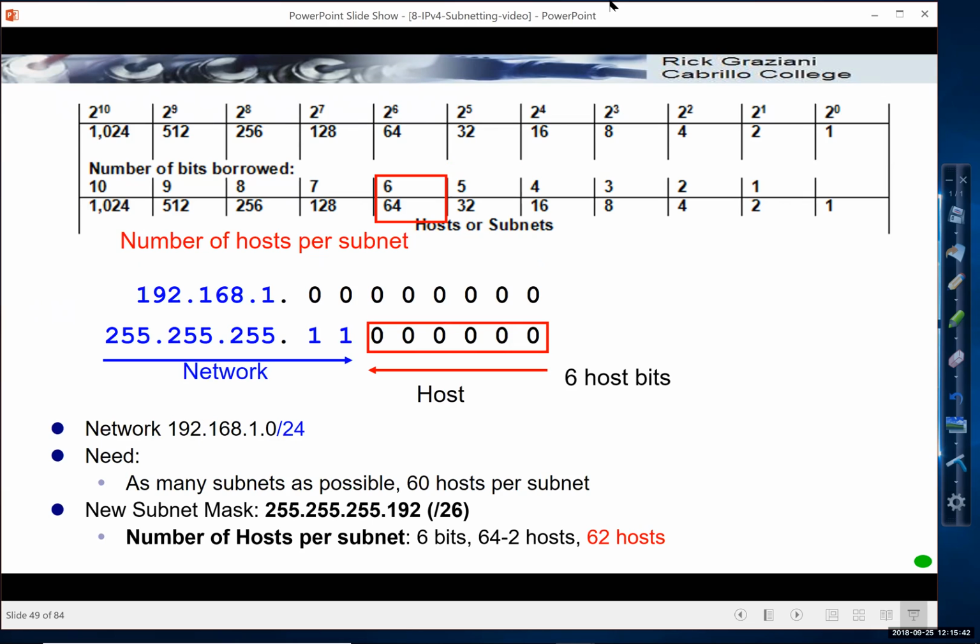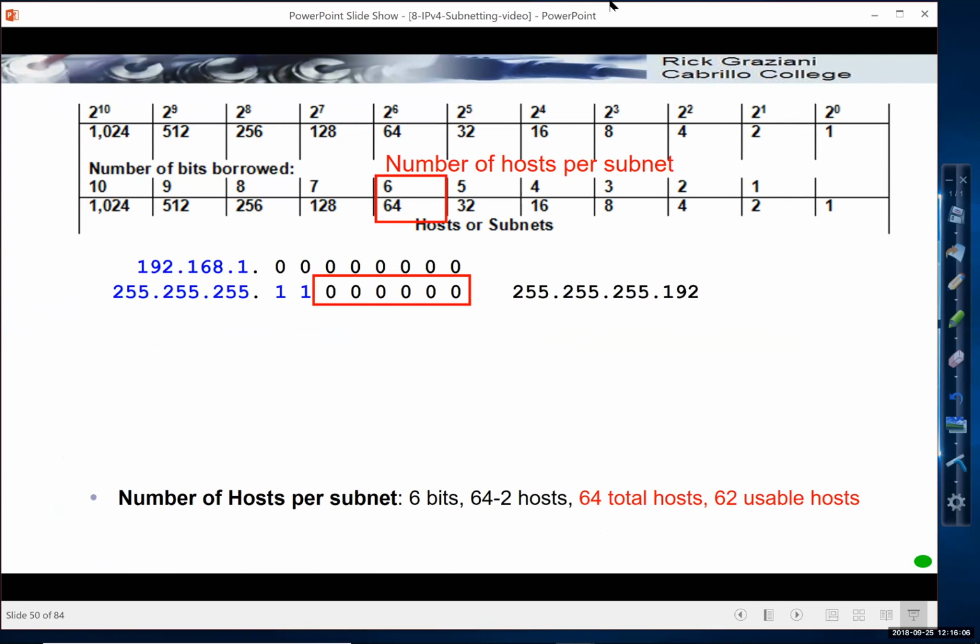We have our 6 host bits, giving us 64 minus 2, 62 hosts per subnet. Since we extended our subnet mask 2 bits, that gives us 4 subnets, each with 62 hosts.